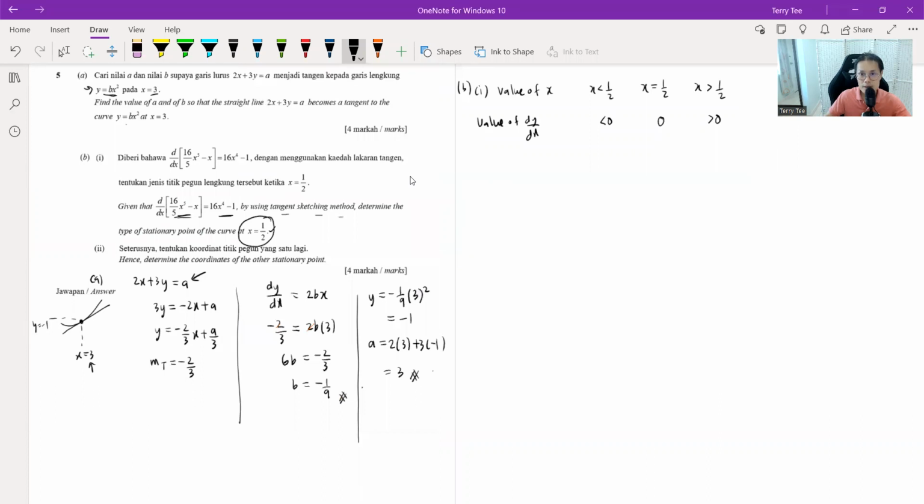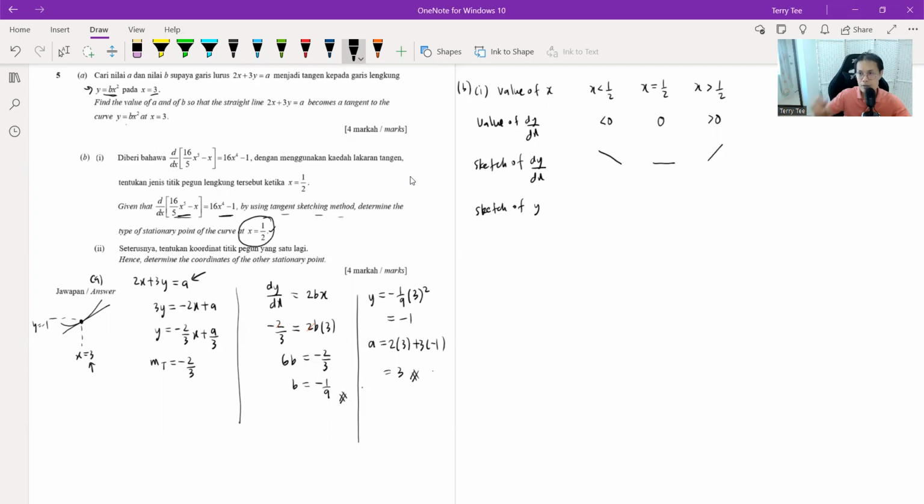Okay, then we know we can sketch your dy/dx. The sketch of dy/dx means we want to look at the gradient of the tangent. If it's less than 0, negative gradient is like this, going down. 0 gradient, horizontal. Positive gradient, going up. Then we write the sketch of y, or the curve.